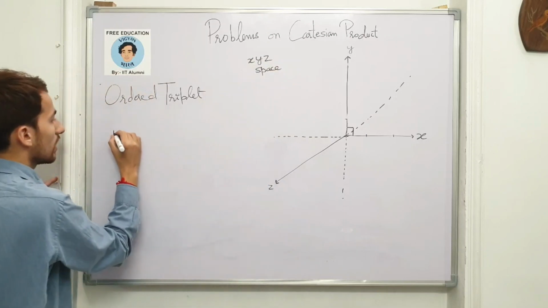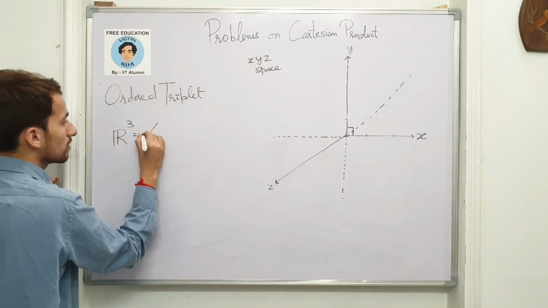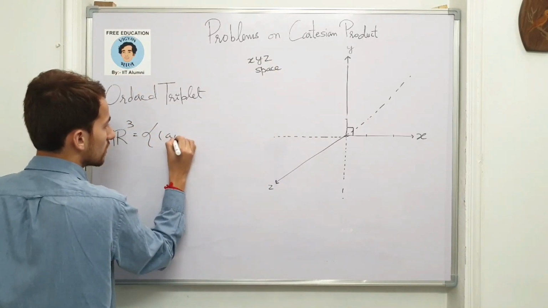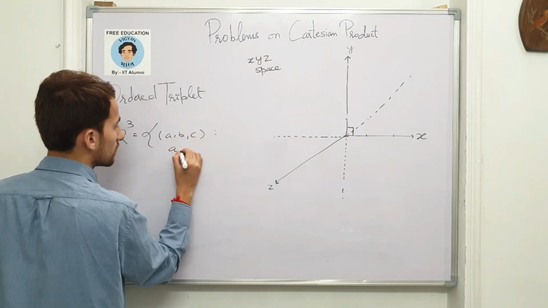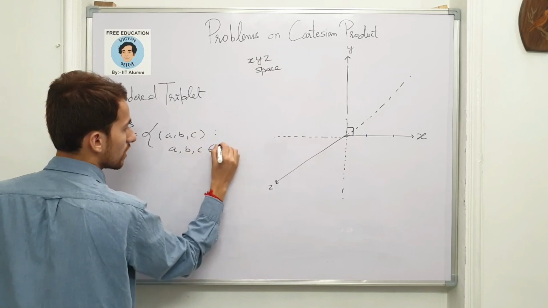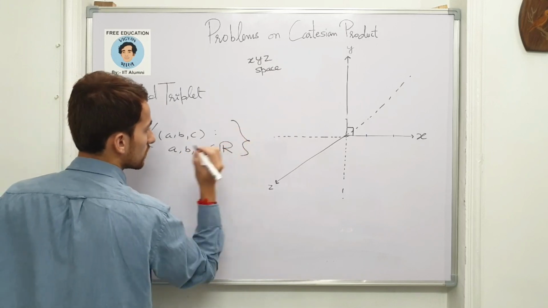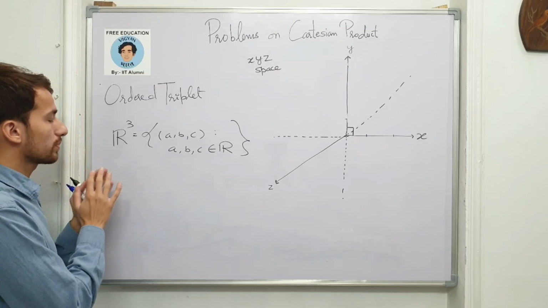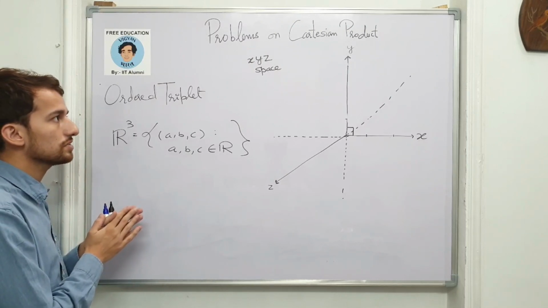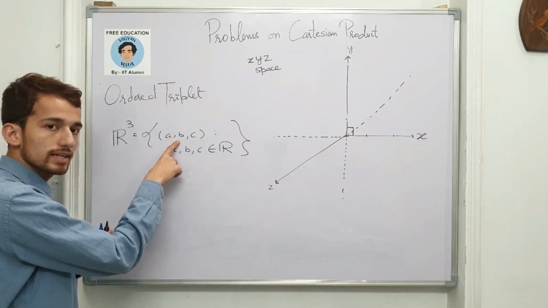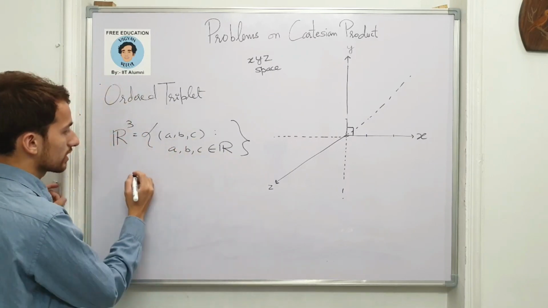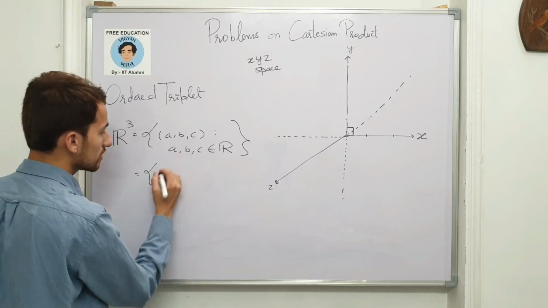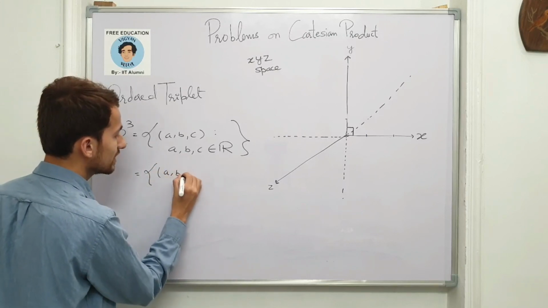The space is simply R3, which is given by this. Here I have just expressed the definition of this space in terms of the ordered triplet, where each of the elements is a real number. If you want, you can rewrite it like this also, but we don't need such notation.